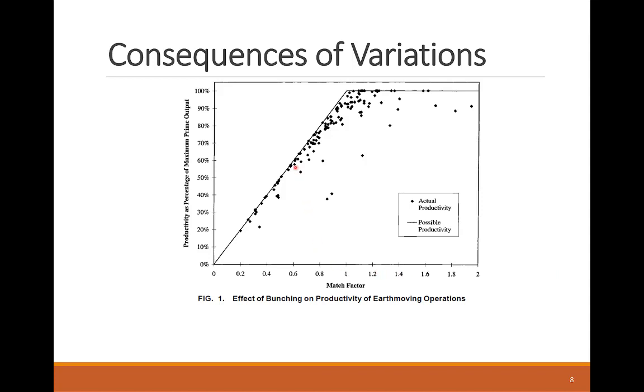The vertical axis shows the crew productivity as a percentage of the maximum achievable value by the server resource, meaning the loader. You can see that the plotted dots of the observed values are mostly below the theoretical production curve.